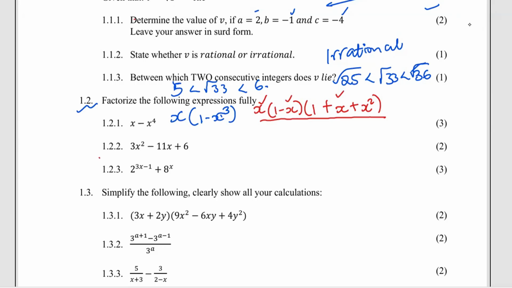And then 1.2.2, in this case, we can use the product and the sum. But I'm just going to open my 2 brackets and do it first. So for us to get 3x squared, we need a 3x somewhere, and then we need x somewhere also. Then for us to have a 6, it's possible to have 1 and 6, then it's also possible to have 2 and 3.